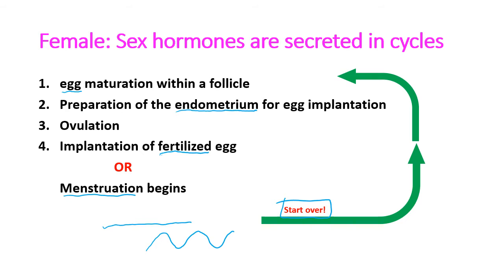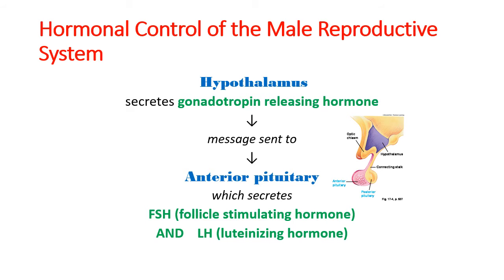And if that cycle gets interrupted by implantation and fertilization, then the process is going to disrupt this normal up and down cycle, and the hormone levels are going to become relatively level, with the exception that we're going to inhibit the production of another matured oocyte at that point.